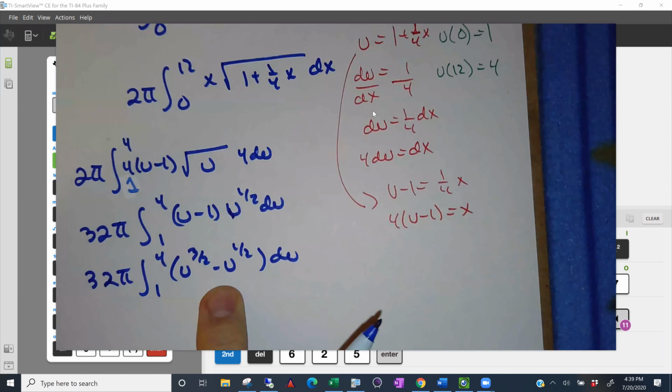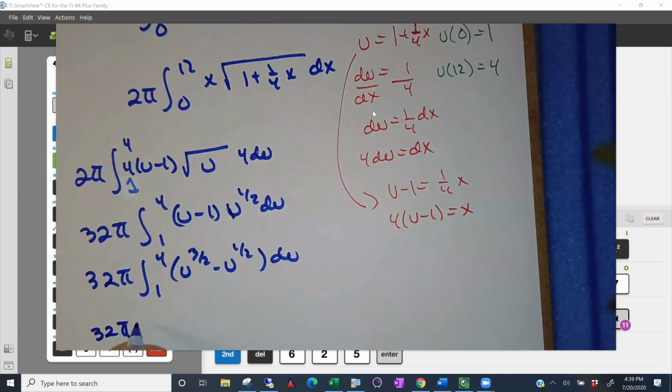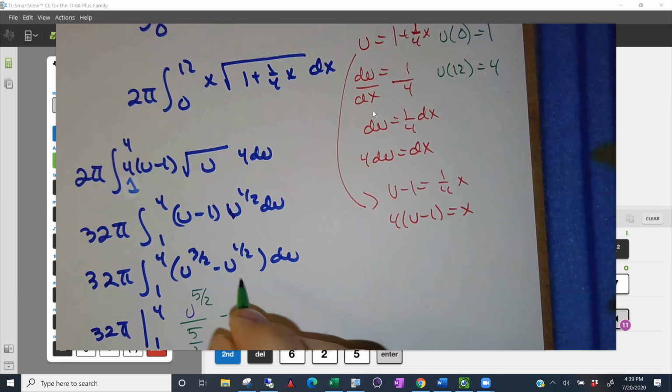And these are terms that we can integrate. You've been doing that since Calc 1. So 32 pi, 1 to 4. And again, it's going to depend on you. If you're good at these things, do everything in your head. If you struggle, and I saw some people making mistakes with these exponents on the exam, add 1 to the exponent, which is 5/2, and then divide by that same exponent. Add 1 to the exponent, 3/2, divide by the same exponent.